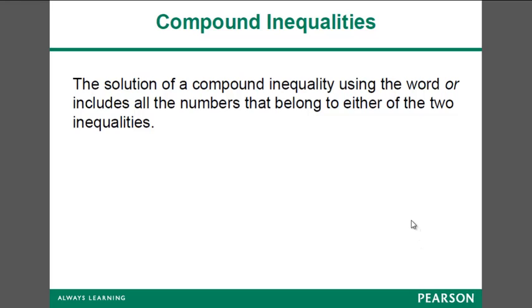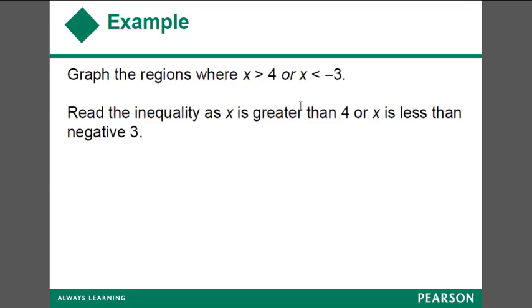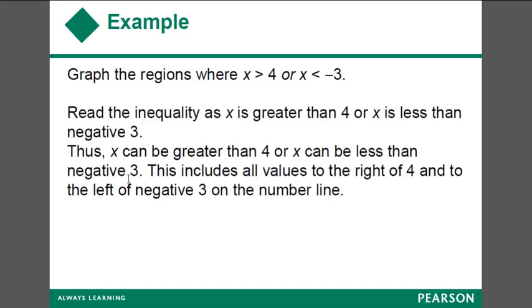The solution of a compound inequality using the word OR includes all numbers that belong to either of the two inequalities. It doesn't matter which way it goes, it could be either or. So we want to graph the region where x is greater than 4 or x is less than -3.